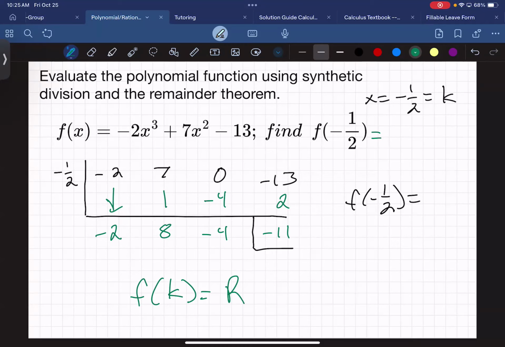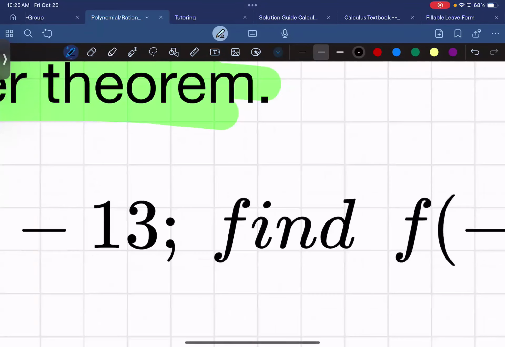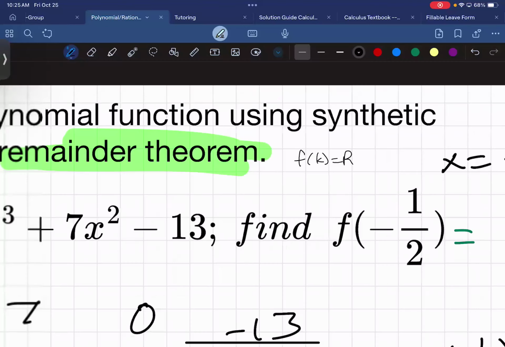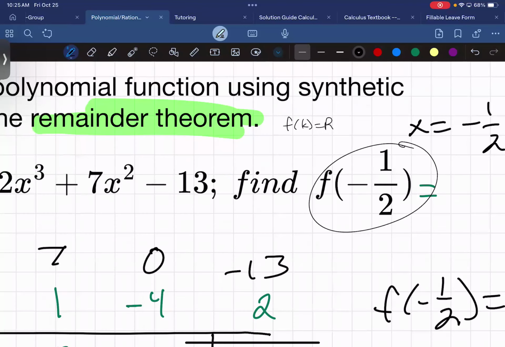So it's -11. This is the part that we have to remember, that whenever I see that remainder theorem piece, the second I see remainder theorem, maybe we then need to write this down right next to it. So you see remainder theorem, just get up there and say, hey, f of k equals my remainder. And look at that, they already told me my k value. That would actually help you see that -1/2. I just use that -1/2, that's k.